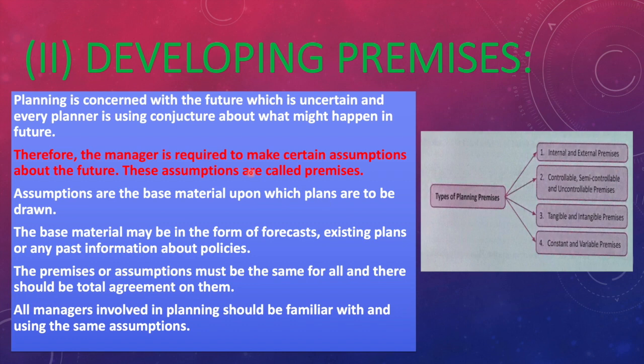Hope I am clear. So what is premises? If it is asked in the examination, you have to say that the assumptions which managers make about the future are called premises.